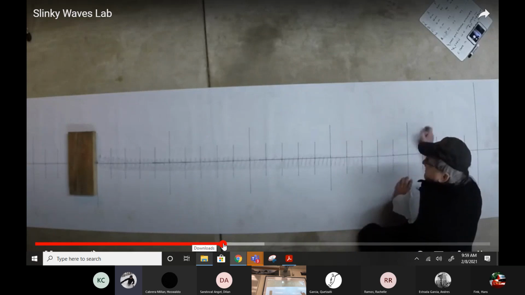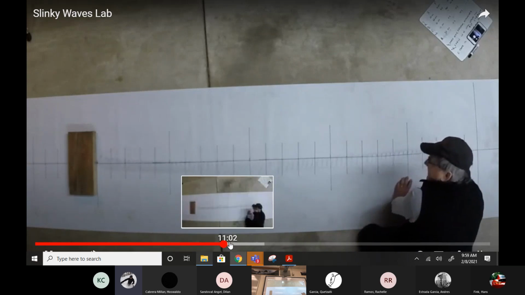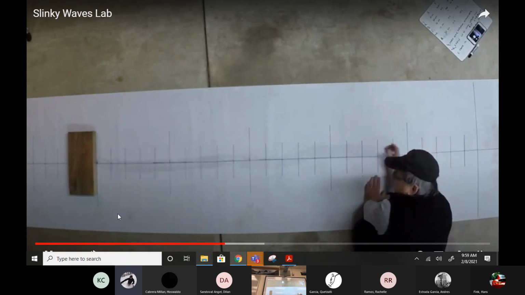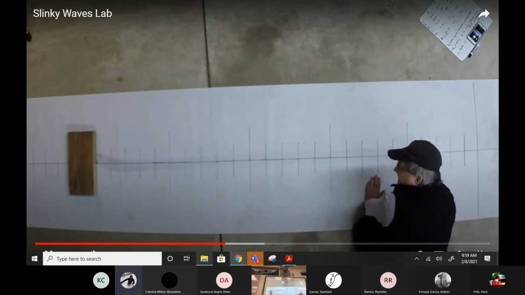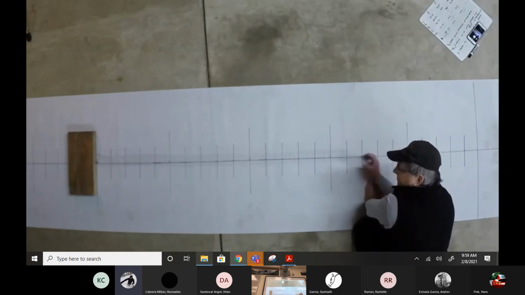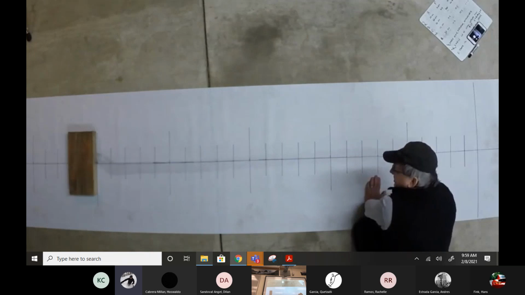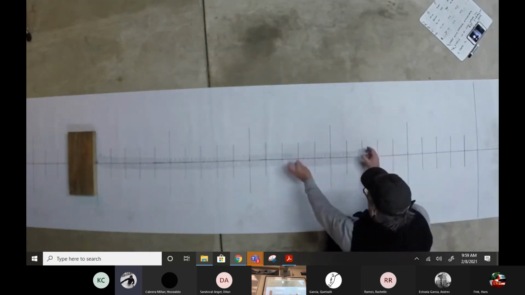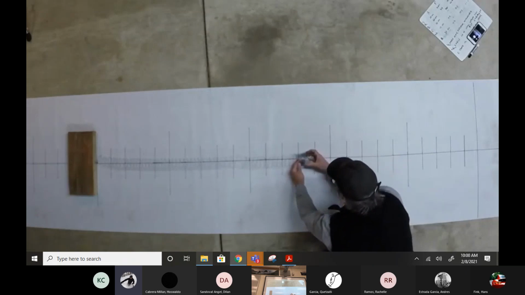Do some experiments with transverse waves, but remember that sound waves are a different type of wave. Longitudinal waves, going back and forth. And what we can see with the longitudinal waves is that we have a spot where the Slinky is all compressed. We call that the zone of compression.